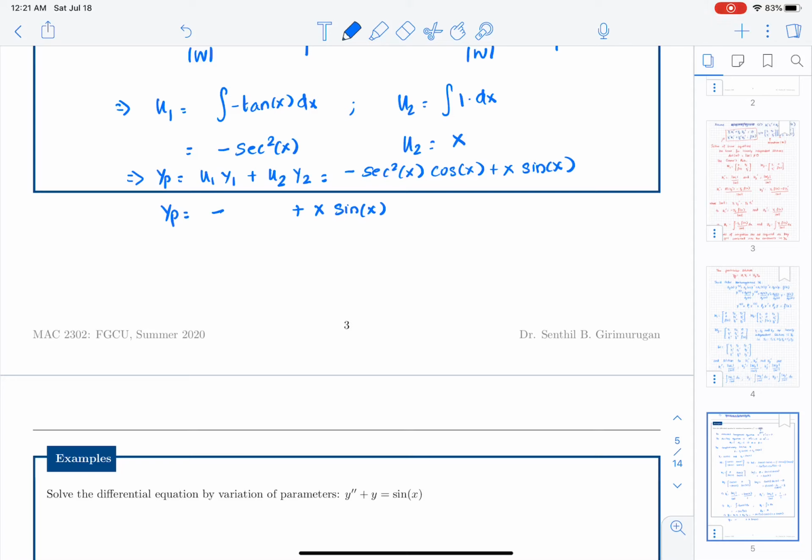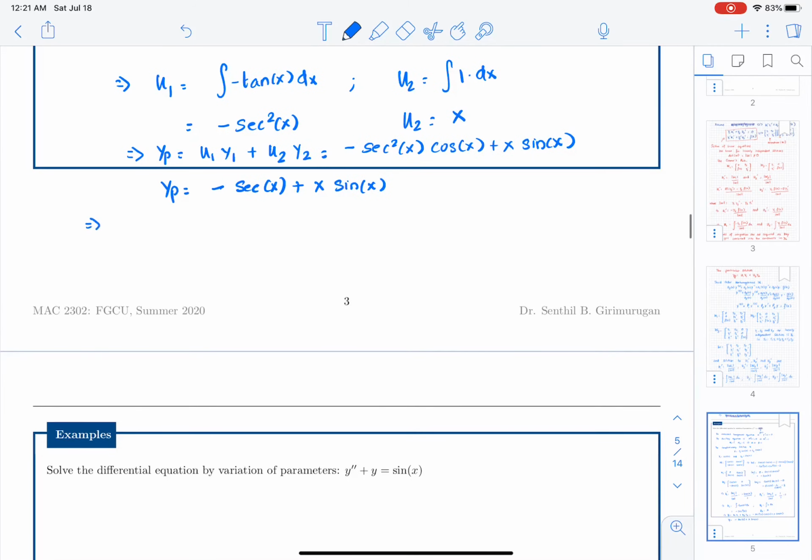So the answer actually is secant x, if you simplify the first term. So the solution to the DE is y equals c1 cosine x plus c2 sine x minus secant x plus x sine x.